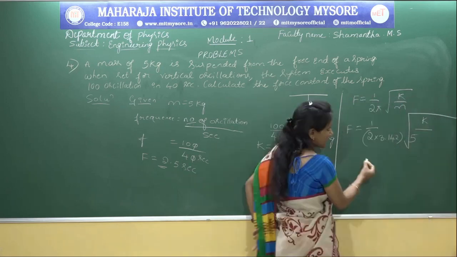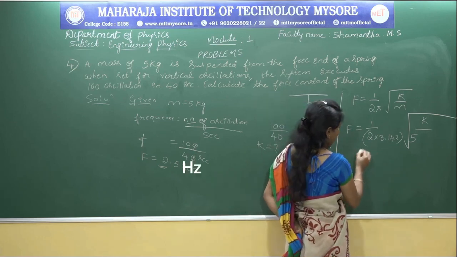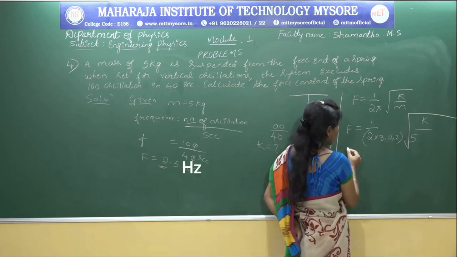So, make the rearrangement. Apply the square on both sides, then what we will get?